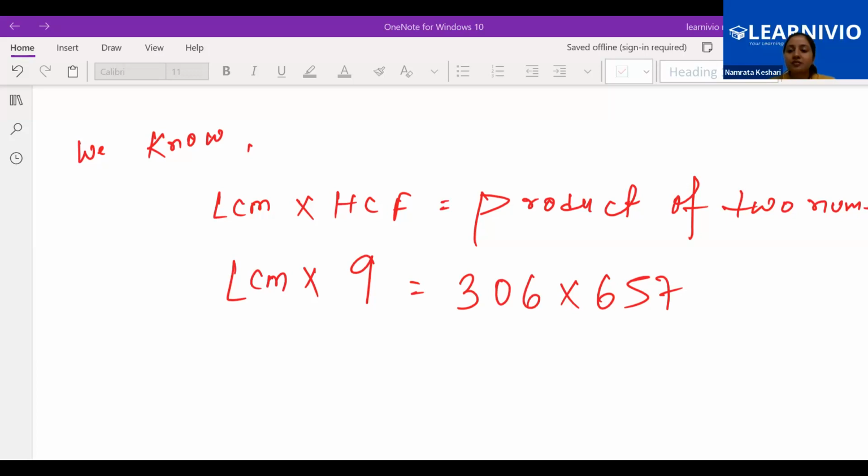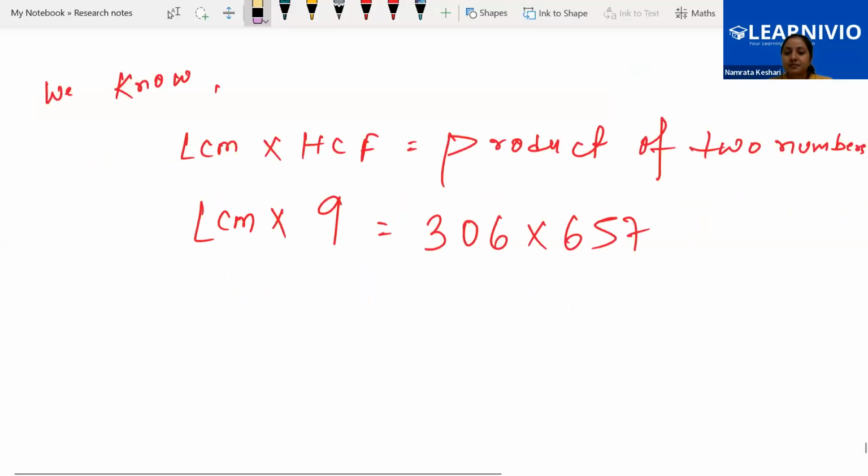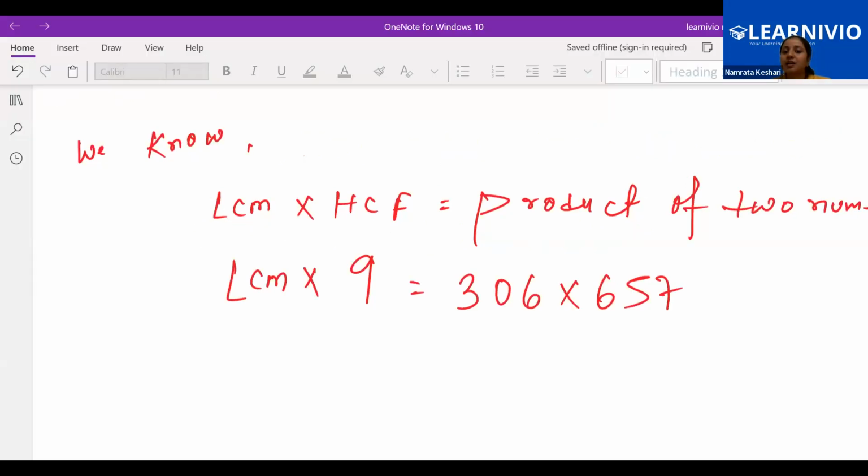Have you got it? If you are doing the multiplication on the right hand side, please don't do the multiplication.